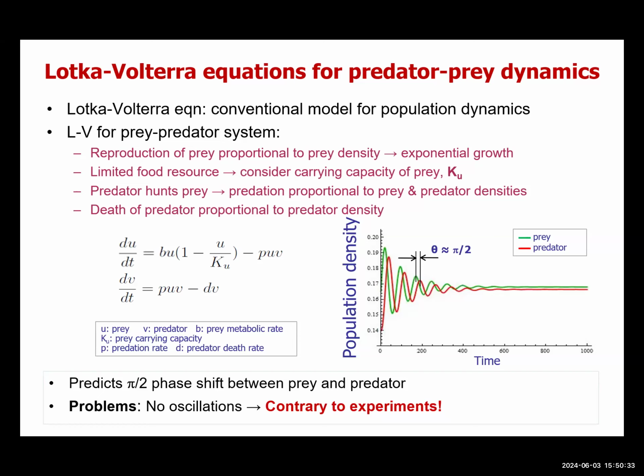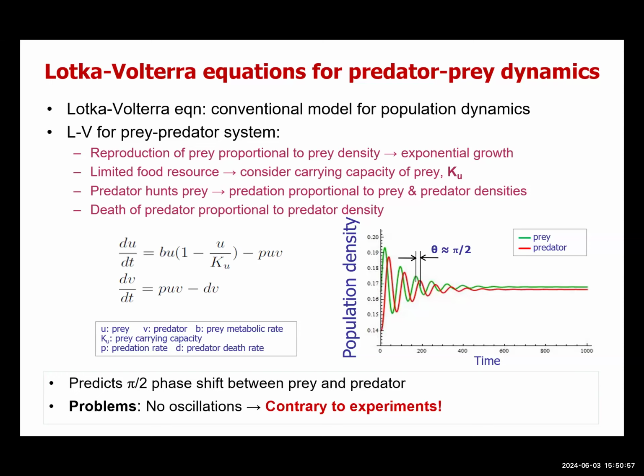So now you say, okay, everything that we told you in the bedtime story that numbs your kids and makes them go to sleep because it's repetitive and very boring, everything is in these differential equations. So you solve them numerically, and this is what you get. So the green is the prey, the red is the predator, and the population density goes to a constant.